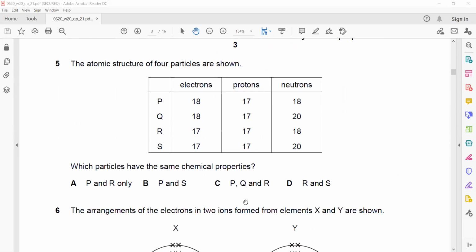The atomic structures of four particles are shown. Which particles have the same chemical properties? D. Yes, everyone should participate.